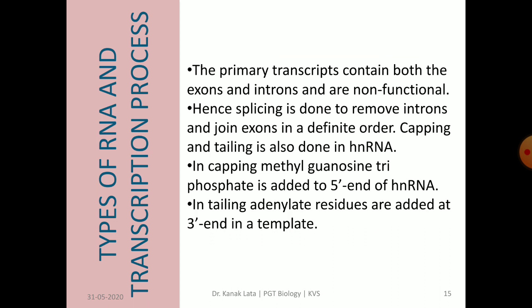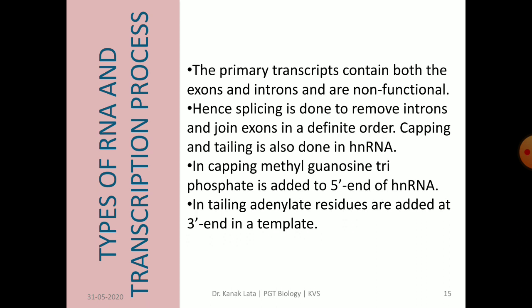So let us know about exon and intron. Actually, exons are coding areas, whereas introns are non-coding areas of genes. So they must be removed. So splicing is done to remove intron and join exon in a definite order.